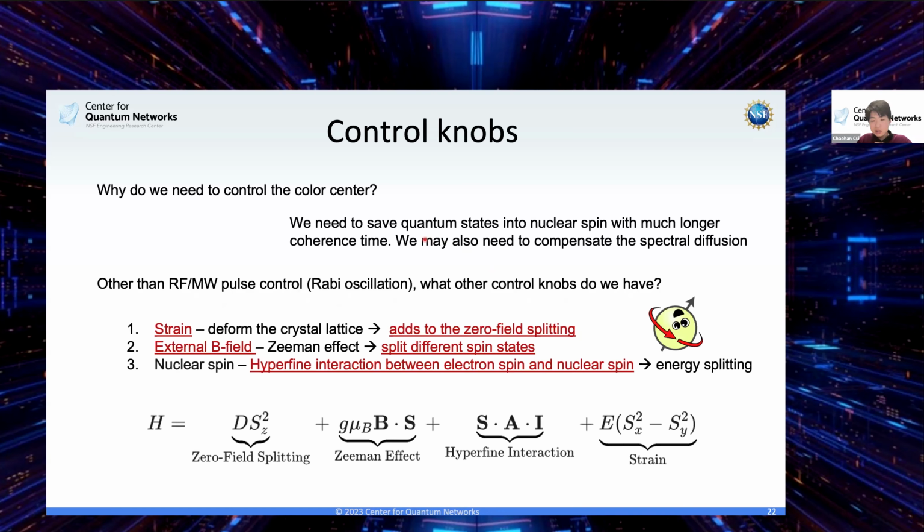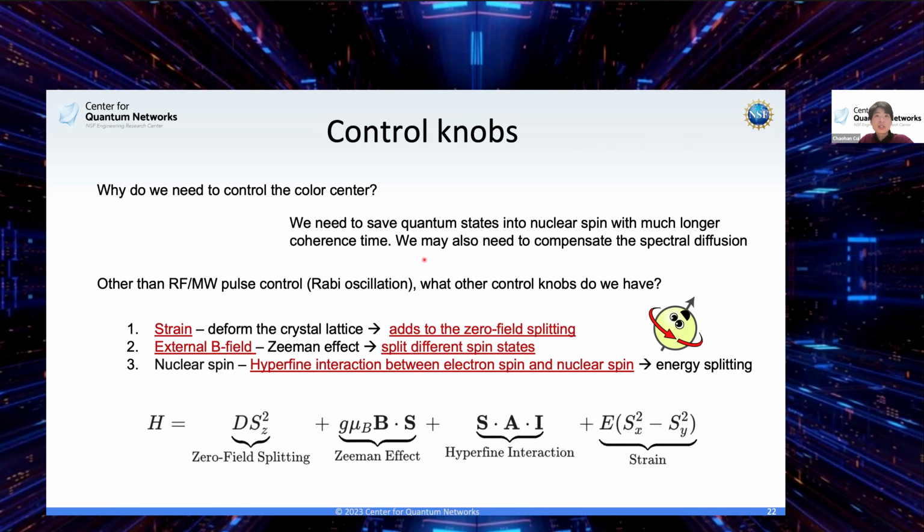Using color centers as quantum memories, you need to consider writing and reading the spins. We need to save the quantum state into a nuclear spin to get a much longer coherence time. The nuclear spin gives a much longer coherence time because it is more isolated from the environment. I'll talk about that later in the hyperfine interaction.